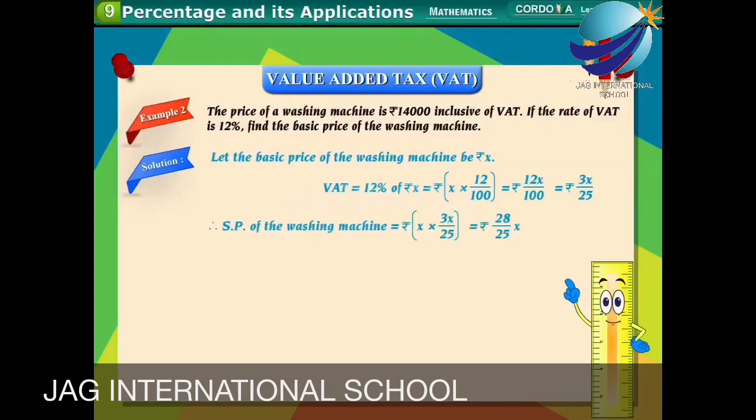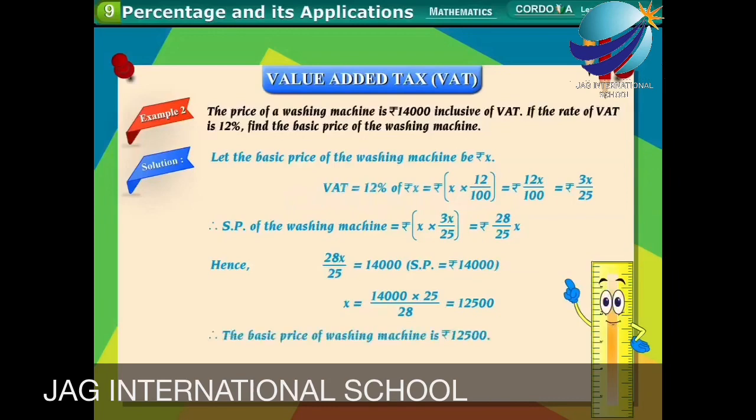Therefore, SP of the washing machine is equal to Rs X plus 3x upon 25, which is equal to Rs 28x upon 25. Hence, 28x upon 25 is equal to 14,000, since SP is equal to 14,000. X is equal to 14,000 into 25 upon 28, which is equal to 12,500. Therefore, the basic price of the washing machine is 12,500.